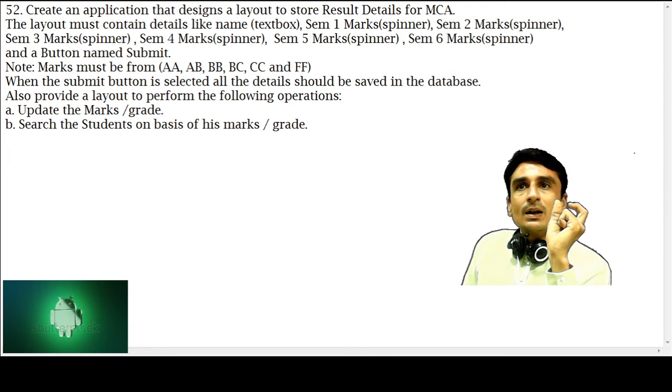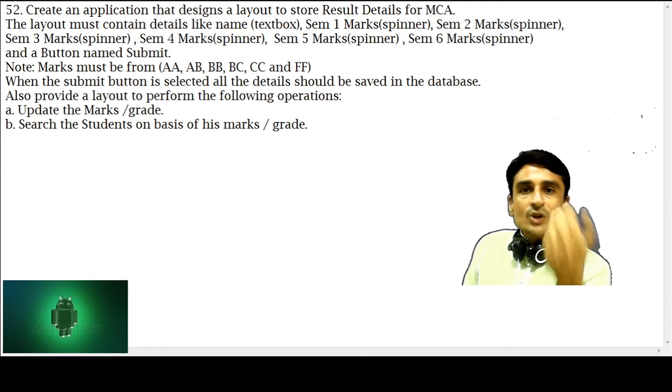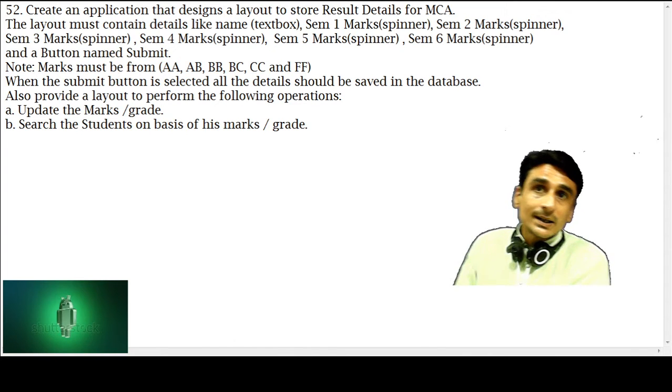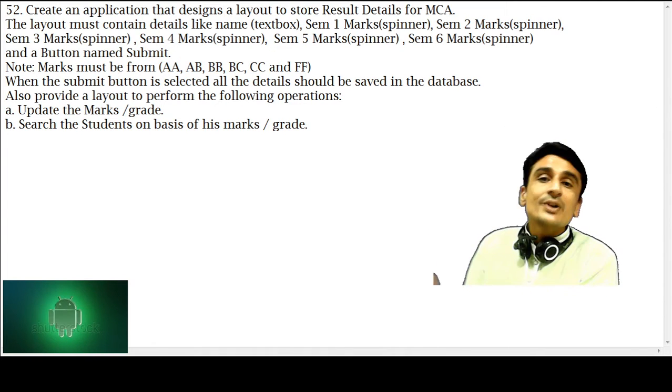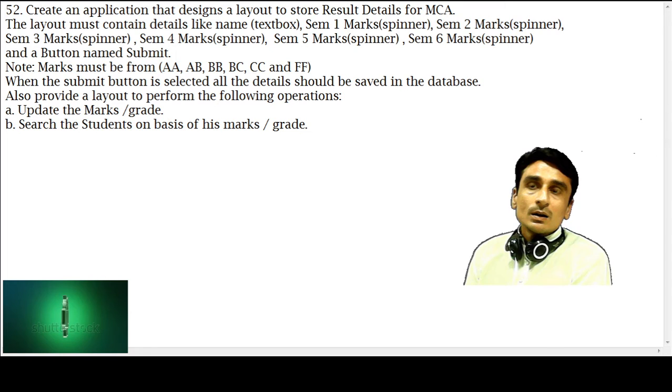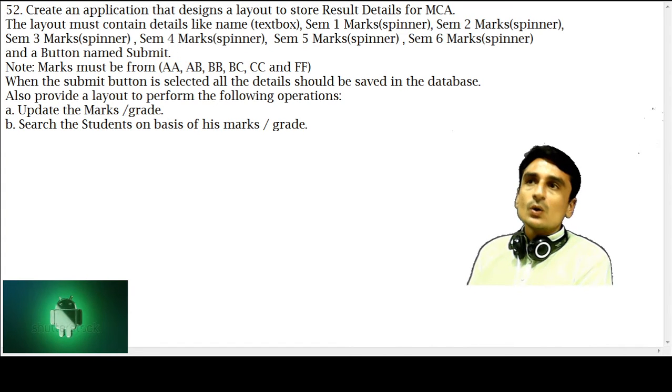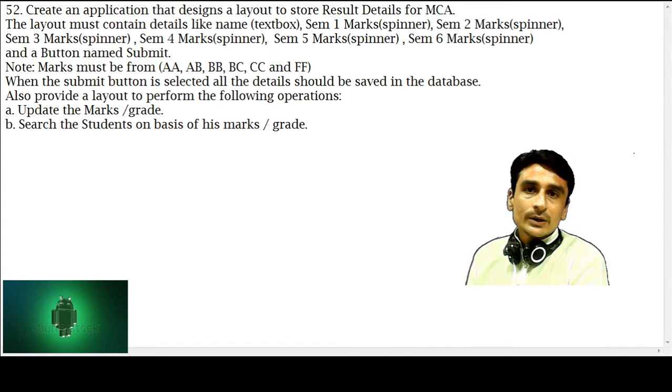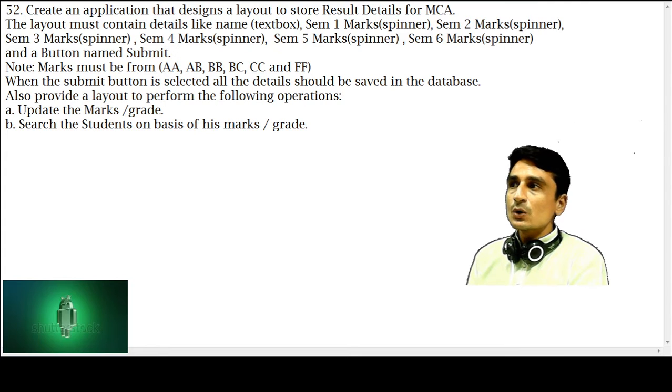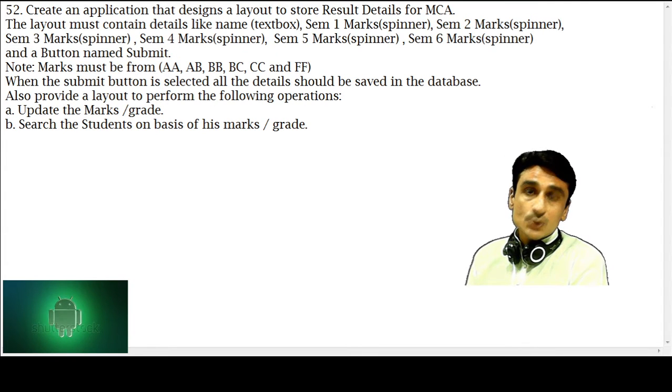For updating, we will ask the client which record he wants to update. That is, we will ask for which enrollment number he wants to update the record, because enrollment numbers are unique fields. So we will ask the client to enter the enrollment number to update the record.